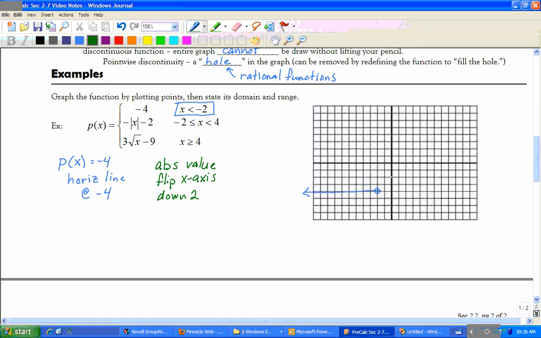So we're going to start here, down 2, and this part is going to have a slope of +1 as part of our V, and then this line is going to have a slope of -1 as part of our V. And then we need to go back and look at our domain, and we want to include -2, so we're going to fill in this circle. And then we want to go to +4 on the x, and we're not going to include that, so we need an open circle here. And then we'll go back and erase the parts that we don't need.